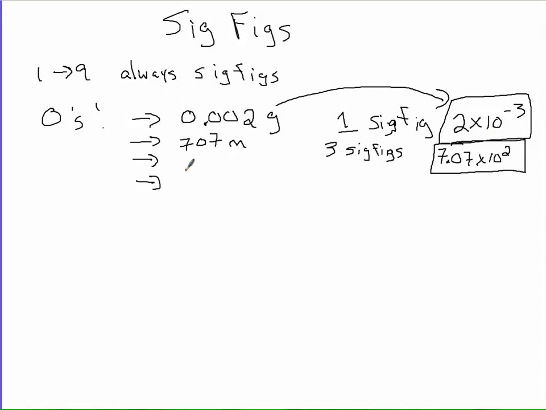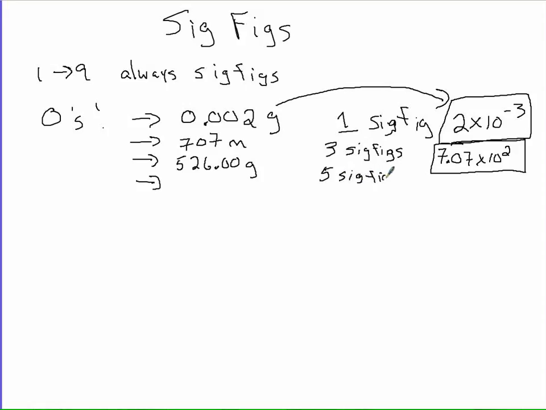Third case is where we have trailing zeros, and so we're going to say something like 526.00 grams. So in that case, you might be reading that off of a balance where the electronic balance actually displays those zeros, and that means it is going to have a total number of 5 significant figures.